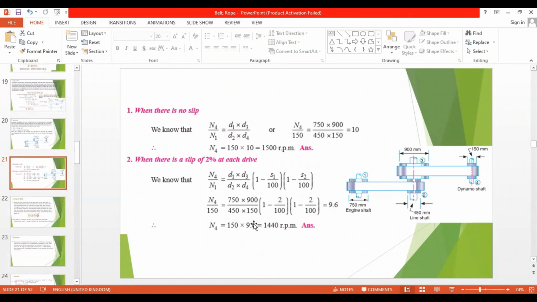You see, just 2% slip, but the loss is 60 RPM. This is how we solve this numerical, without slip and with slip.